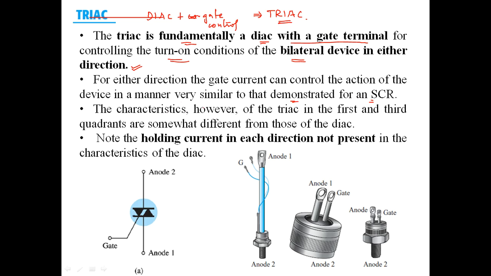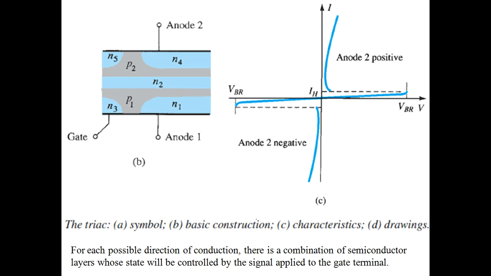The characteristics, however, of a triac in the first and the third quadrants are somewhat different from those of the diac. Alright, next, let us go through the holding current. That's the symbol of a triac, and these are the different variants of the commercially available triacs. Now let us look at the construction of a triac.